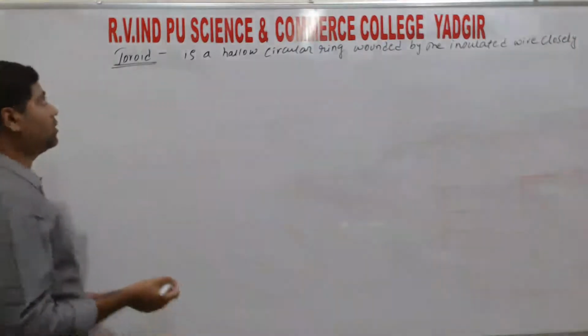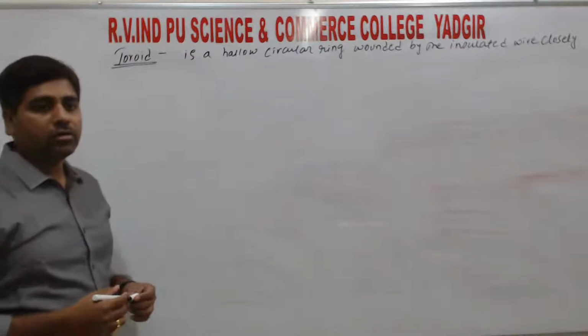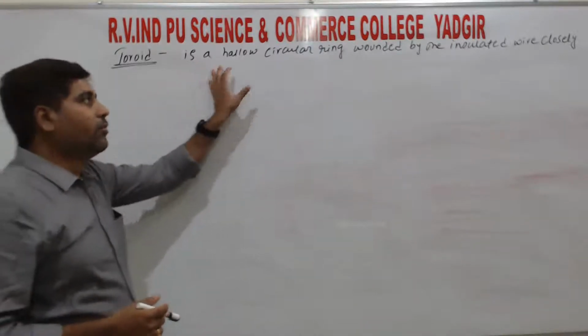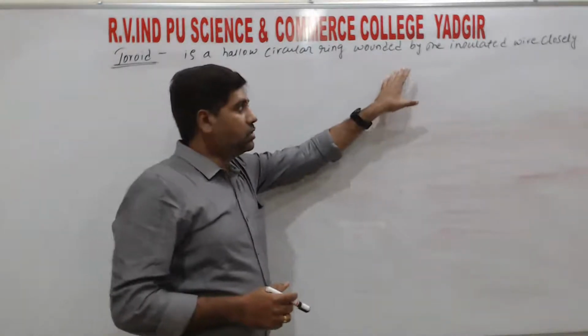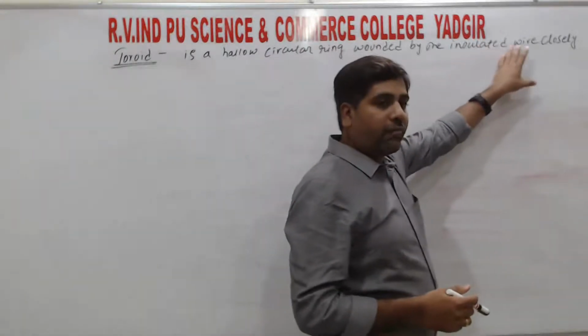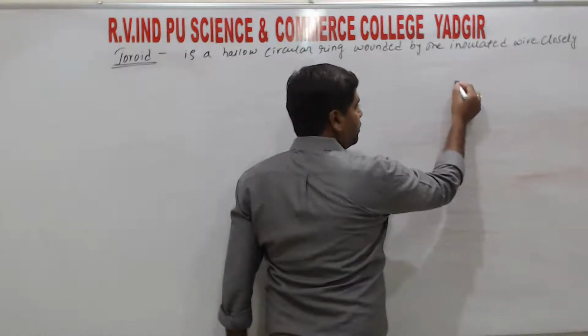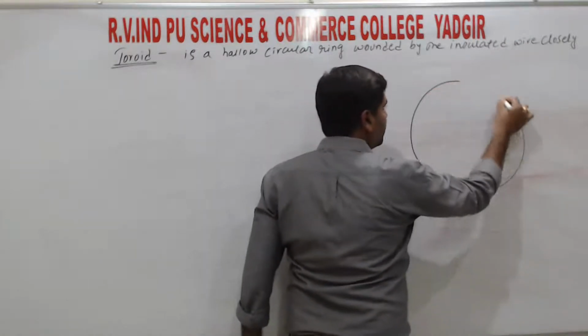So solenoid and toroid are both the same. So a toroid is a hollow circular ring which is wound by an insulated wire or any copper wire very closely, right? So that means first we need to consider one hollow circular ring.